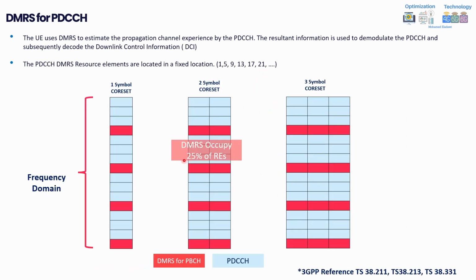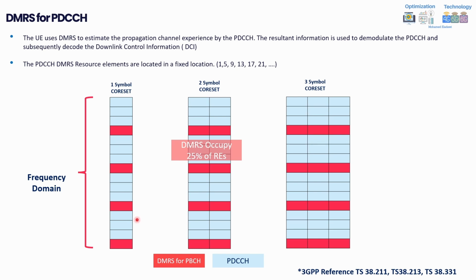Now moving to the last part, which is the downlink DMRS for the PDCCH, and actually it's more easy. I just give 3 examples here. This is whenever you assume you have only one symbol of CORESET being used, and the DMRS is using a fixed location, which is mentioned here: 1, 5, 9, 13, 21, which means again every 4 subcarriers, and this would be over the complete bandwidth.